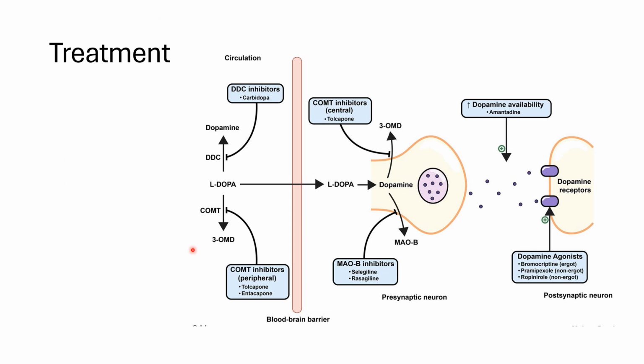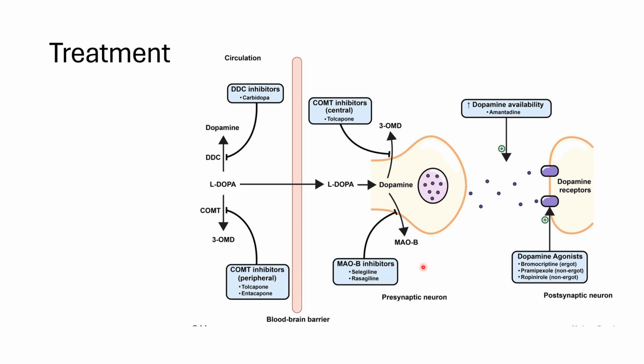What we can do is impact this system in multiple ways. First line is the DDC inhibitor plus the levodopa. You can have COMT inhibitors to further help stop the peripheral or central breakdown. Some of the COMT inhibitors work on both sides of the blood-brain barrier to help stop the levodopa from breaking down.